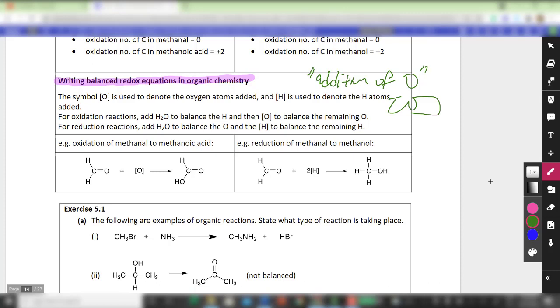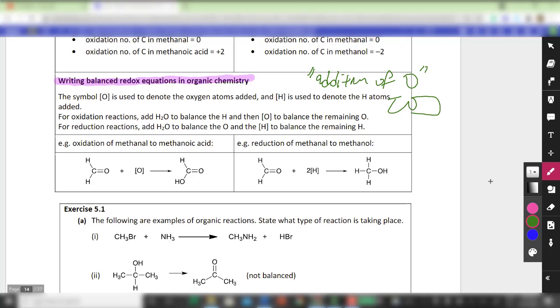For example, if you are oxidizing methanol to methanoic acid, we just represent it with a bracket O. There's a 1 here, but of course we don't write the 1. And for the reduction of methanol to methanol, we just write 2H. This is the usual way we write it, but sometimes we will need you to showcase the number of electrons transferred or the number of moles of oxidizing agent used.